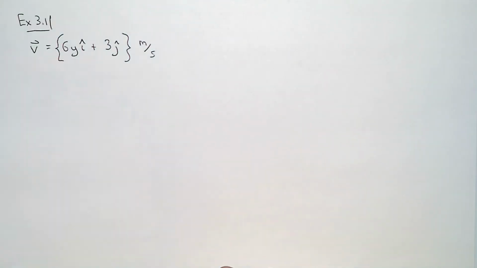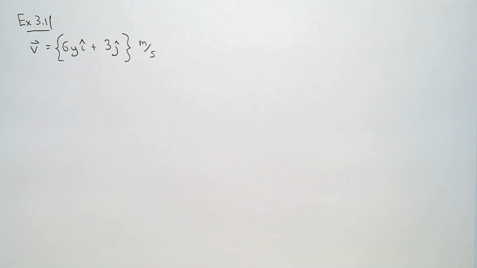And if you're curious about how that flow field looks, you can look at the figure in your book. But what I care about is the description of that flow field. This 2-dimensional flow field is described with the velocity vector 6y i plus 3 j. And this velocity is in meters per second.